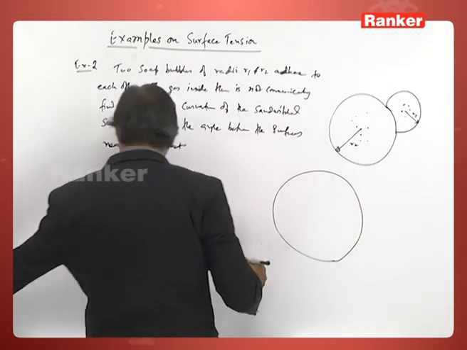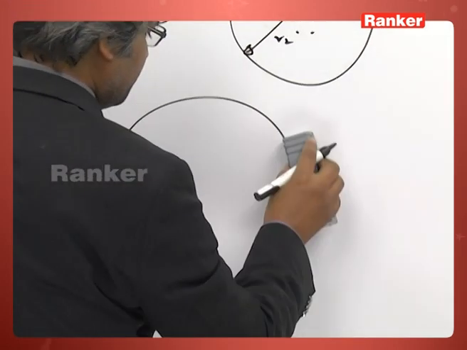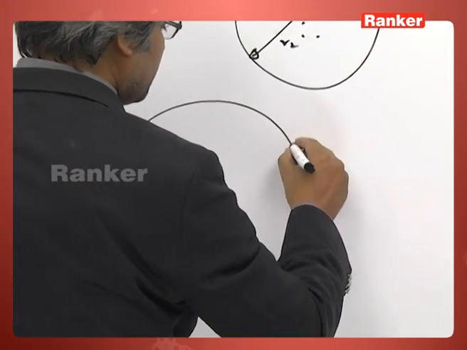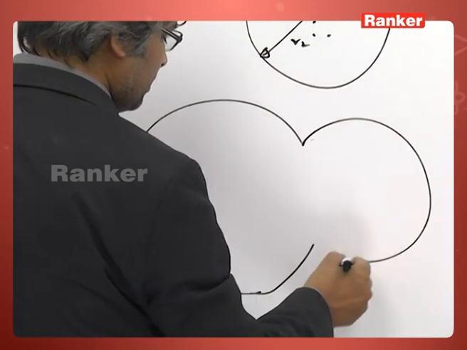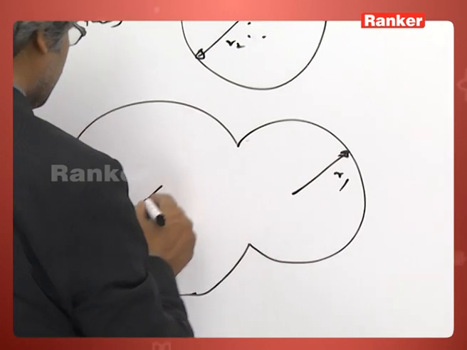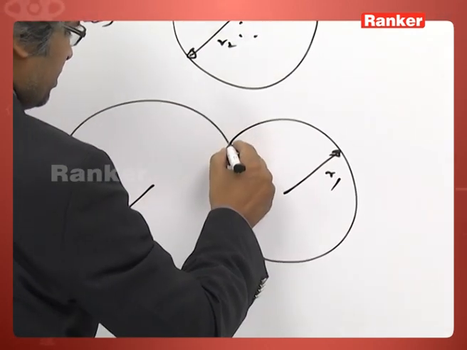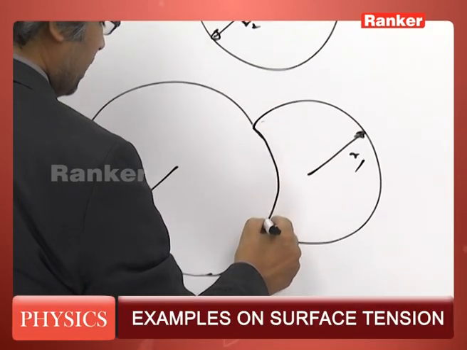This is our bigger one, R2, and this inner one is R1. This is the modified surface, suppose.